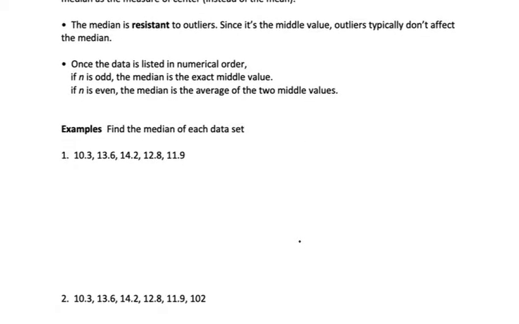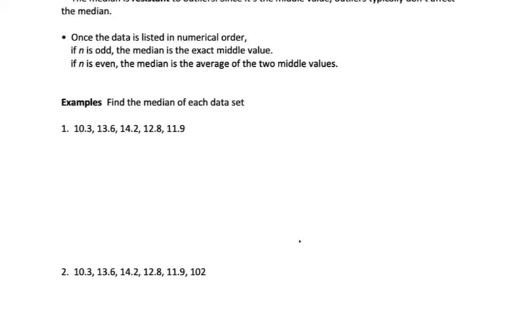Once you have the data listed in order, if the number of data values that you have is odd, you can take the exact middle value. If it's even, you'll have 2 numbers in the middle, and you need to find the average of those 2 values. So we're going to do some examples here. So what I need to do first, since these numbers are not in order, is rewrite them so that they are.